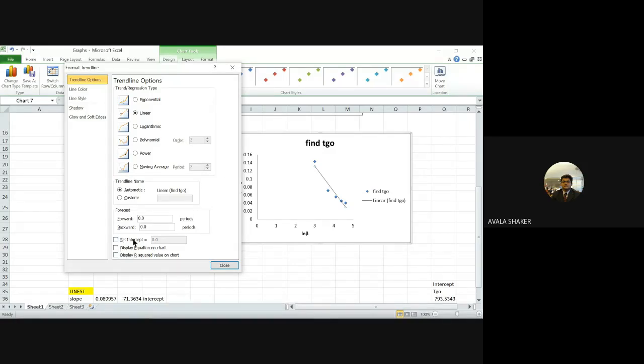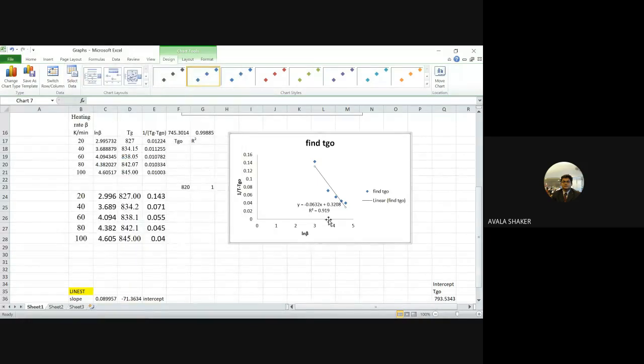In case you're sure that the intercept is to be 0, 0, then only you set this. Otherwise, you don't set the intercept to be 0, 0. You can display the equation on the chart. That's a linear equation. So this is the slope of it, and this is the intercept of it. And display the r square value on the chart.